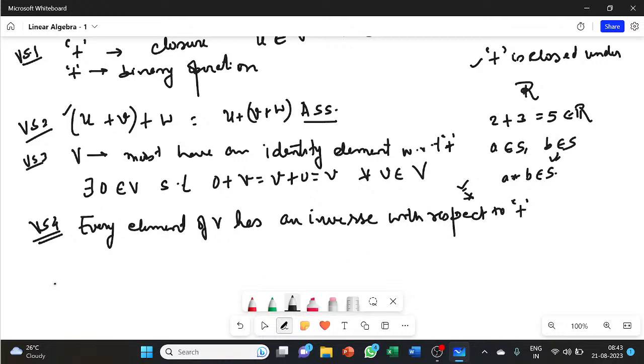That is, for every u belonging to V, there exists v belonging to V such that u plus v is equal to this identity here. This is the identity, right? And we say that this v is an additive inverse of u.